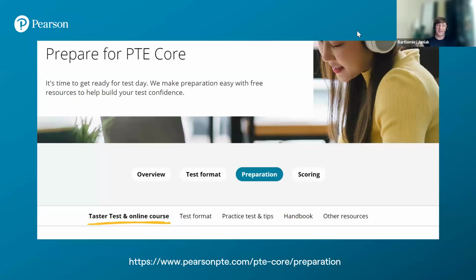So getting access, I would say this is the very first step. Well, the very first step is basically to know where you want to go or why you want to go there, and just to make sure that PTE Core is the right choice for you.